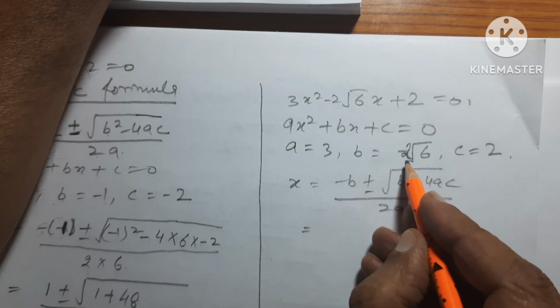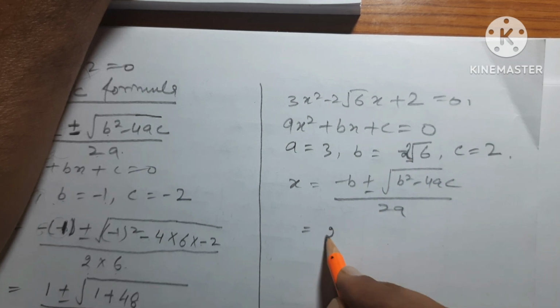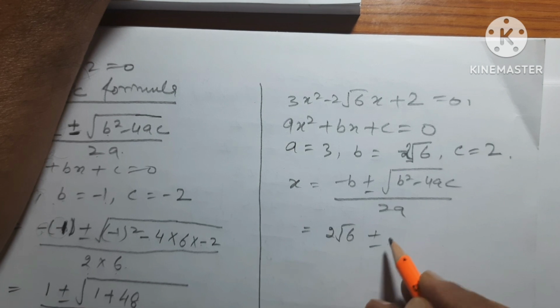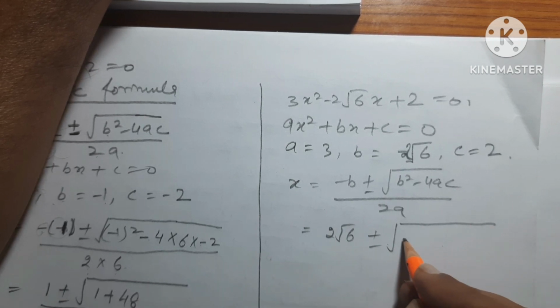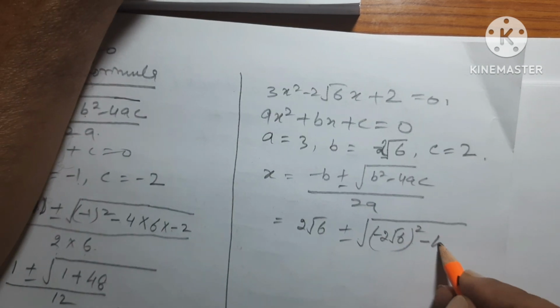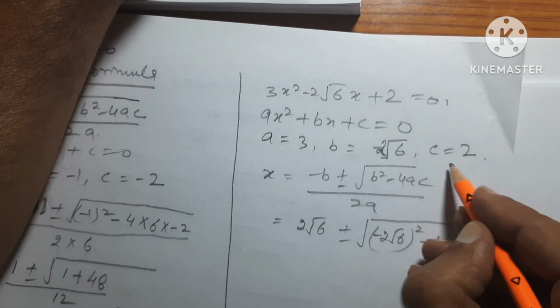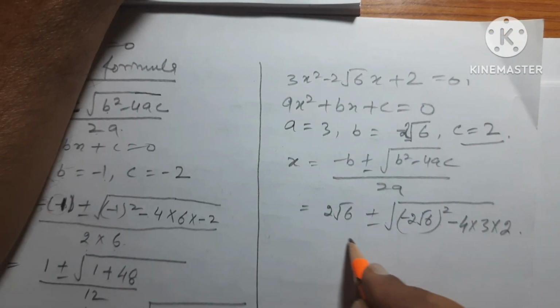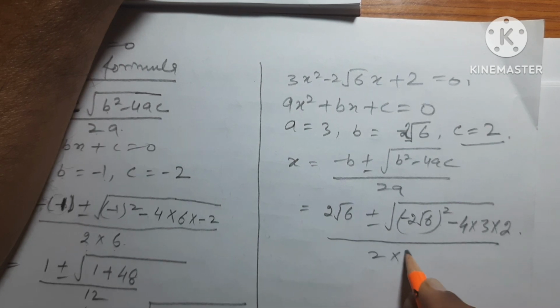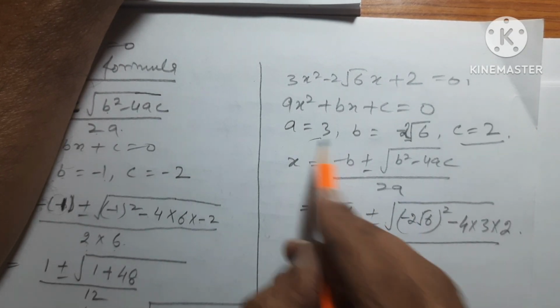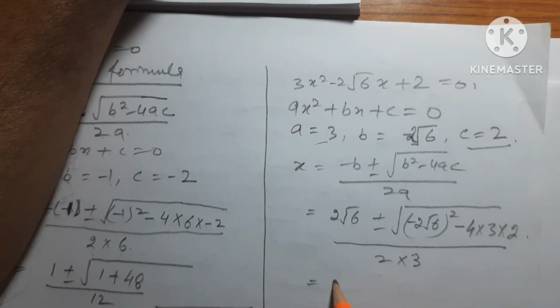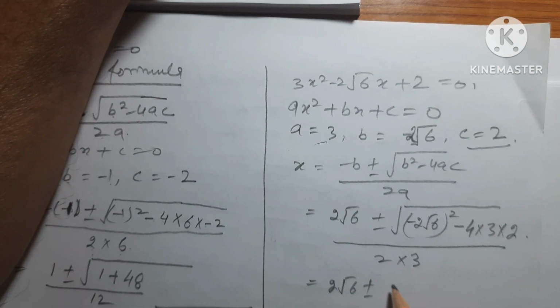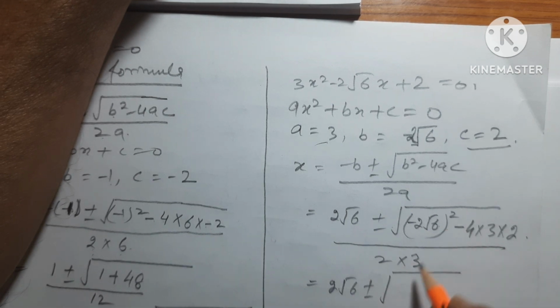This is equal to minus b, which is plus 2 under root 6, plus minus under root minus 2 under root 6 square minus 4 into 3 into 2, over 2 into 3, a is 3. So this will become 2 under root 6 plus minus under root, this is 4 into 6, 4 into 24.